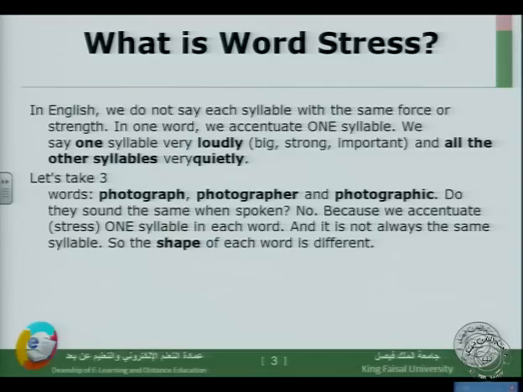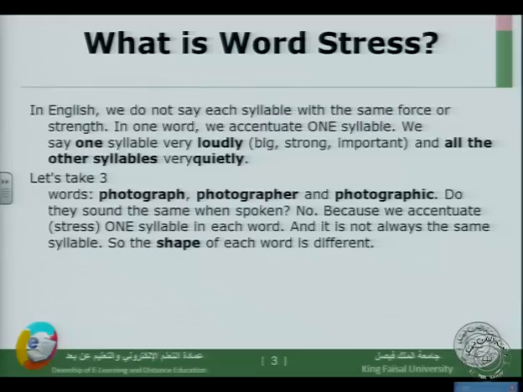For today, let us finish our word stress lesson with today's class, the 11th class. As you can see, what is word stress? In English, we don't say each syllable with the same force or strength. In one word, we accentuate one syllable. Accentuate means we stress.